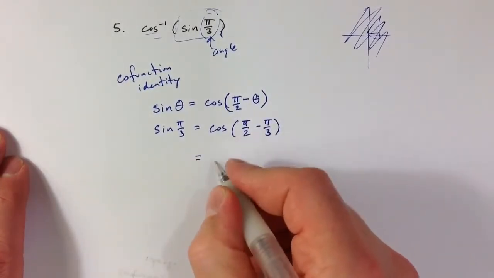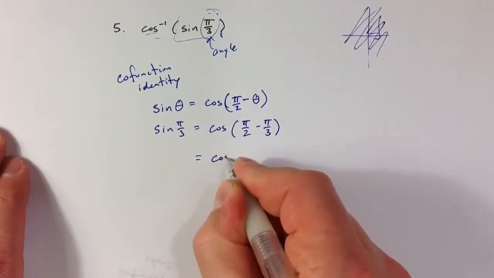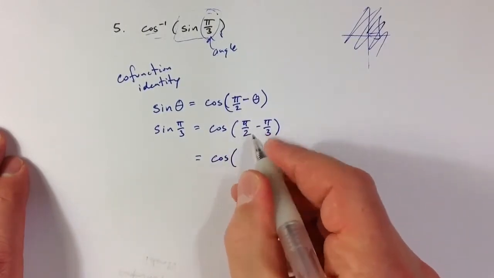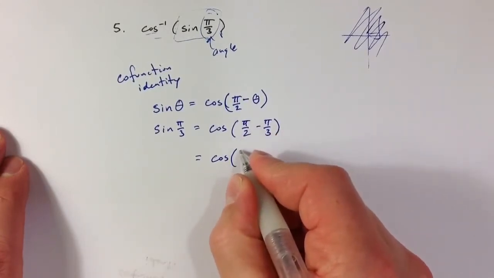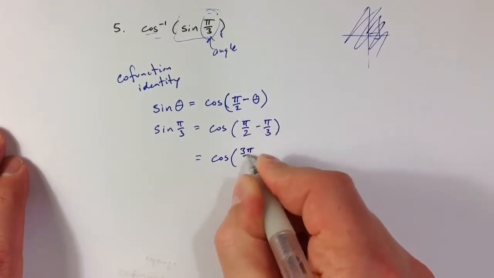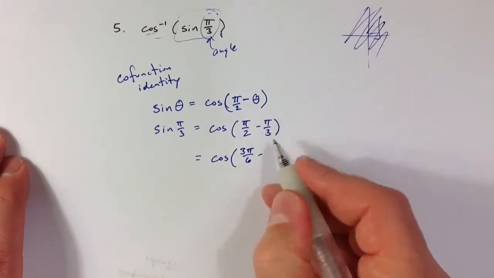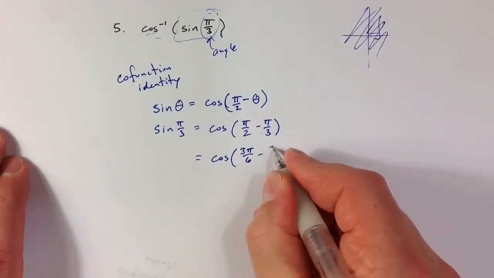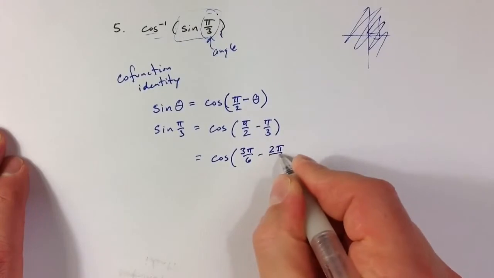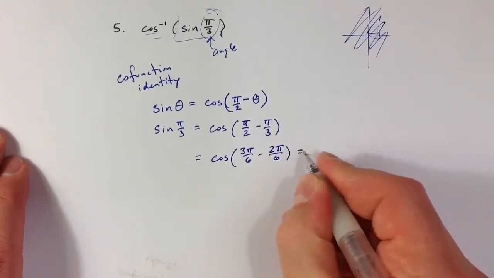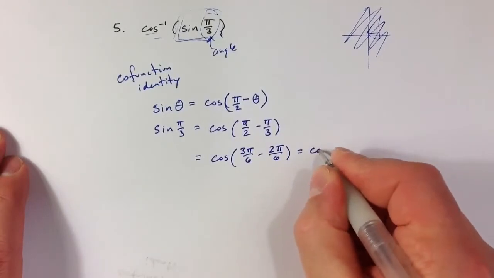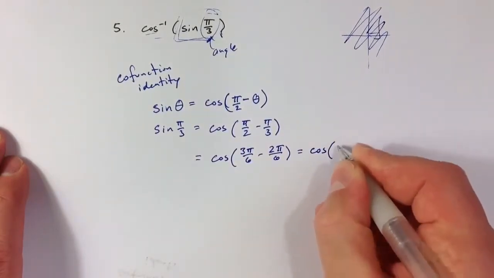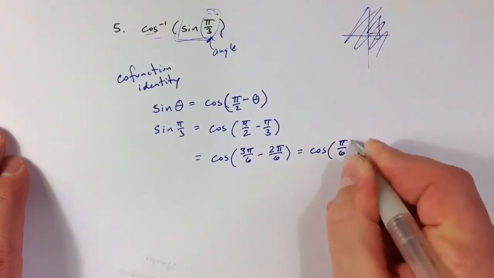So if I adjust to create a common denominator, this is cosine of pi over 2, the common denominator is going to be 6, so pi over 2 becomes 3 pi over 6. Pi over 3, if I multiply the top and the bottom by 2, I get 2 pi over 6. And so that expression, sine of pi over 3, is the same as cosine of pi over 6.